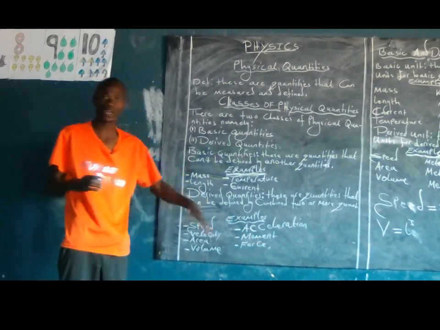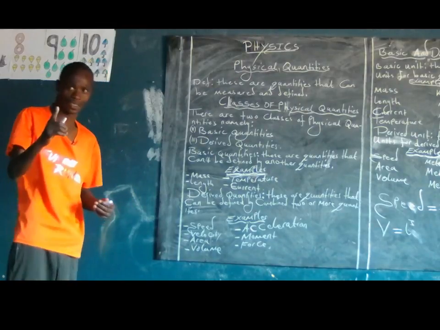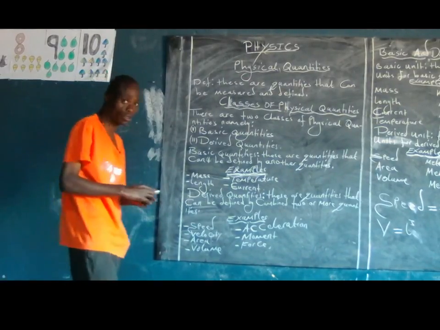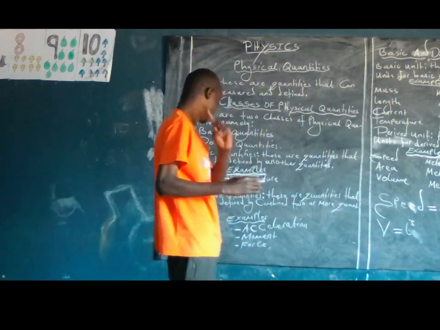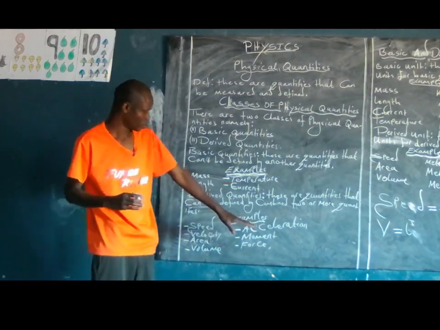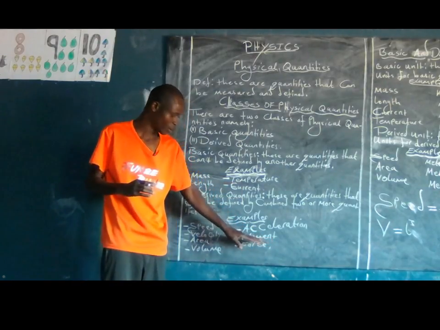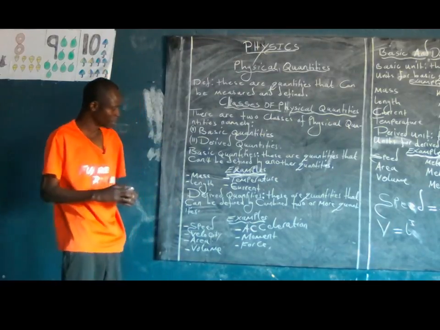Then apart from that, we have also moment. Moment is simply the product of force and the distance. Force and the distance define what we call moment. So moment is another example of a derived quantity.